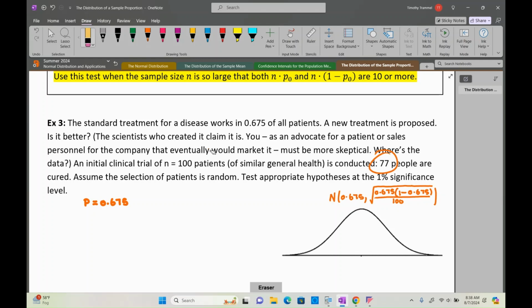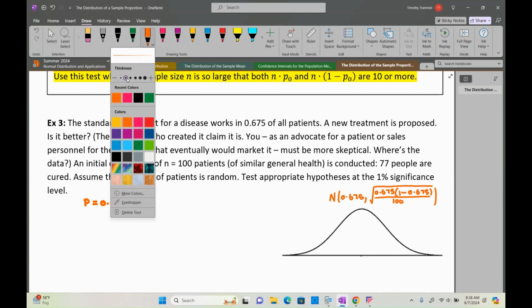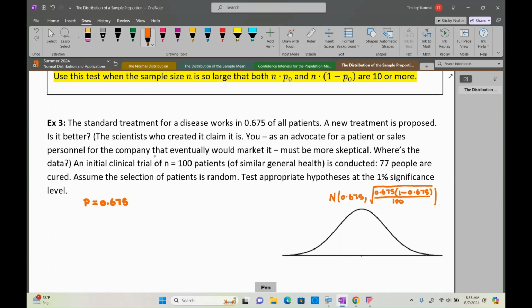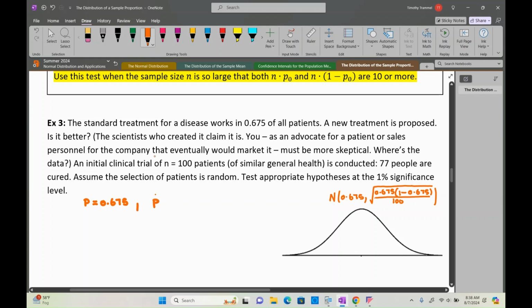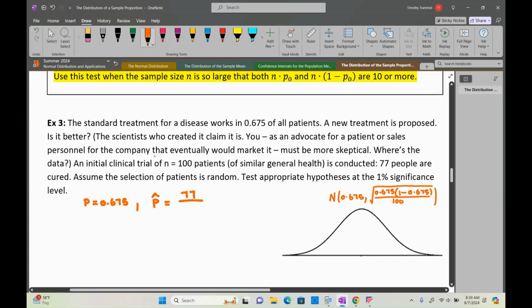So that would be P hat, our sample proportion. And it's not just the 77, right? This needs to be a number between 0 and 1, so it should look like a fraction or a decimal. I could write it as 77 out of 100, or if I wanted to, I could write it as 0.77. Either one is perfectly fine.